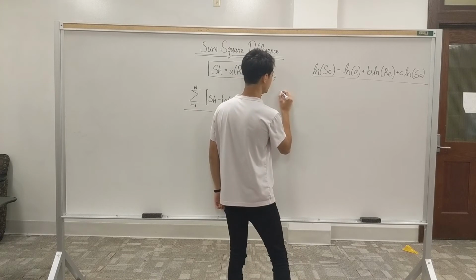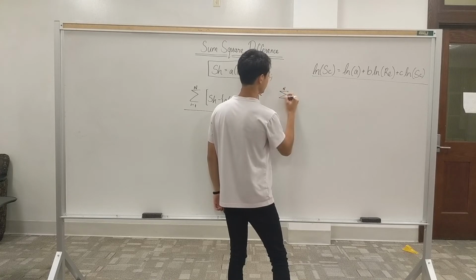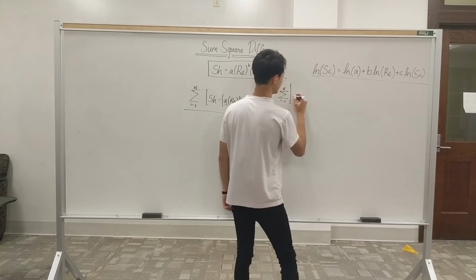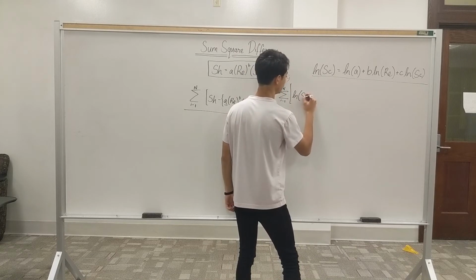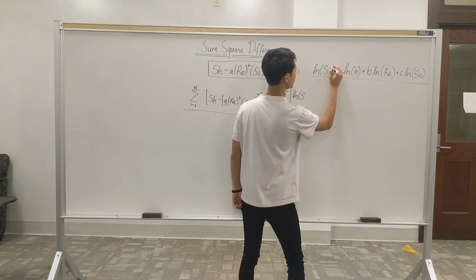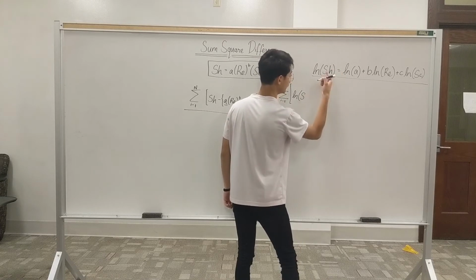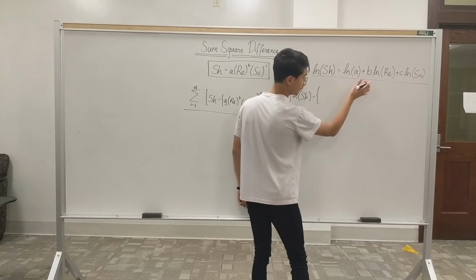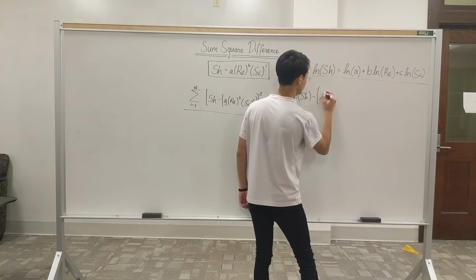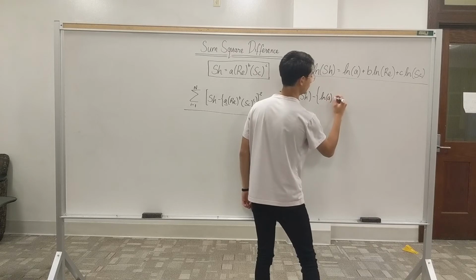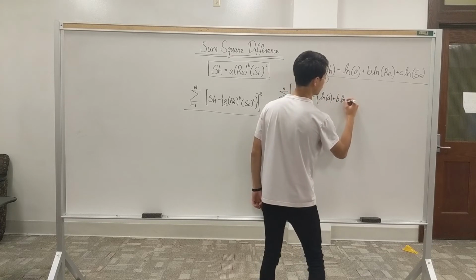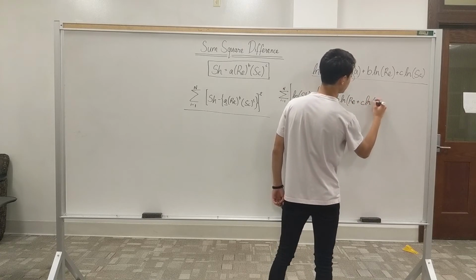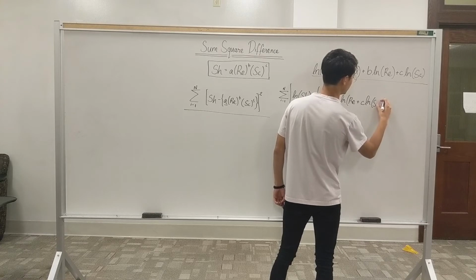So it's going to be the summation from i equals 1 to n, and our left-hand side of the equation is the natural log of the Sherwood number, minus the right-hand side of the equation, which is natural log of A plus B times natural log of the Reynolds number plus C times the natural log of Schmidt's number.